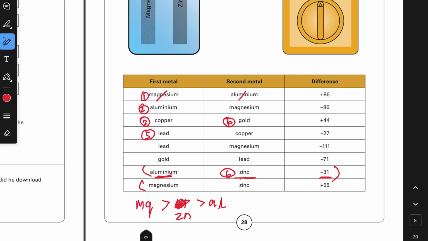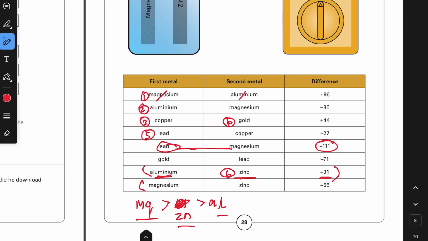So we already created the order for 3 metals. Only 3 more to go. Now we have to check with these 3 metals. Where is magnesium? Here it is. When you compare lead and magnesium, magnesium is more reactive because lead is less reactive, as the value is negative.